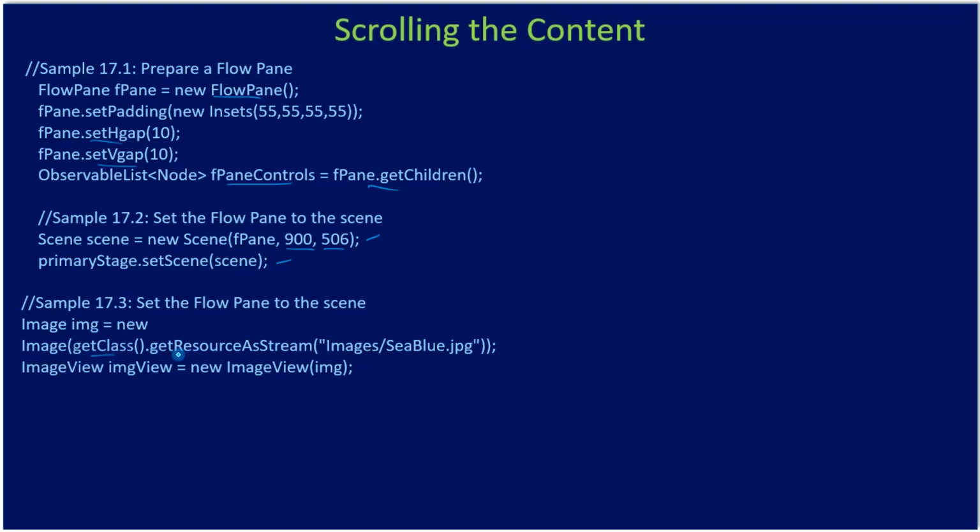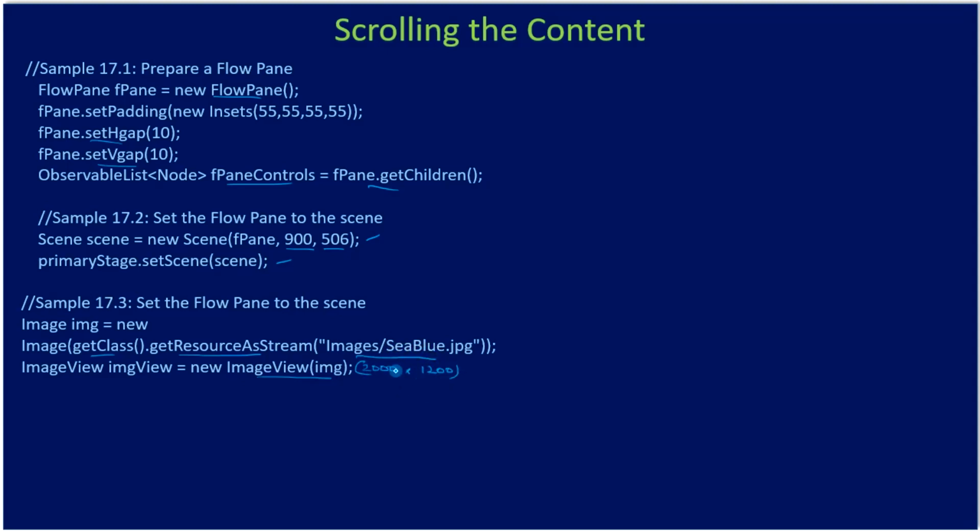get class, get resource as stream. Then we are giving the path, and this way we construct the image, and we give that image to construct an image view. So this image can be shorter than this containment area, or it can be even bigger. Let's, for example, take the image width as 2000 and height as 1200, just for an example.